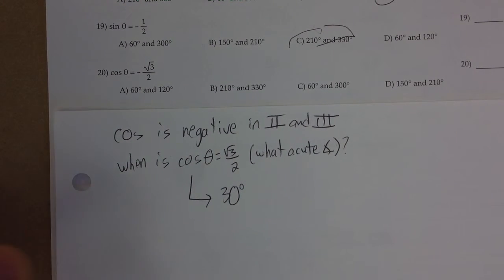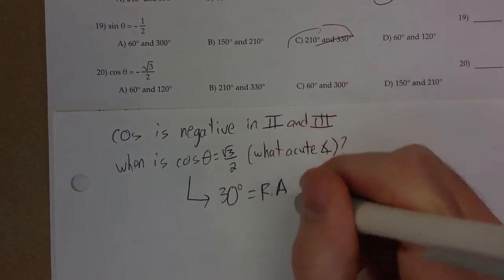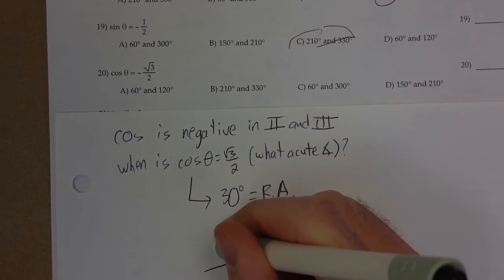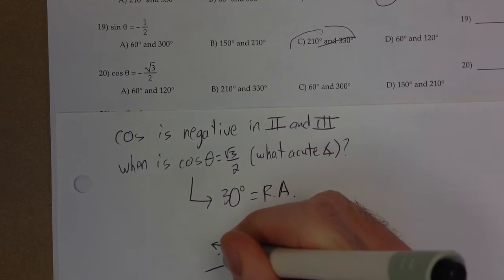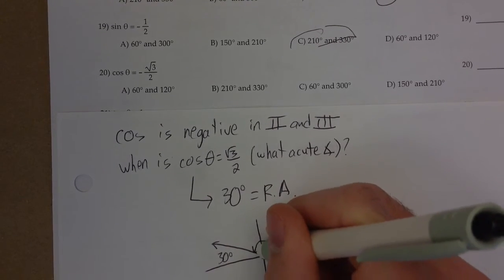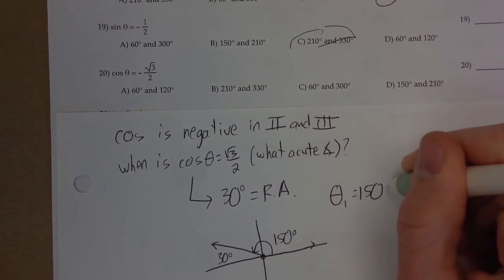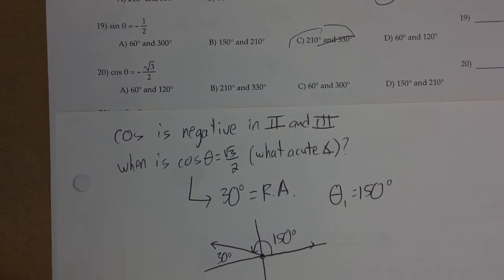Brett, what second quadrant angle has a reference angle of 30 degrees? 150. Very good. Okay, so one of our answers is 150. And Julia, the randomizer likes you today. What third quadrant angle has a reference angle of 30 degrees?